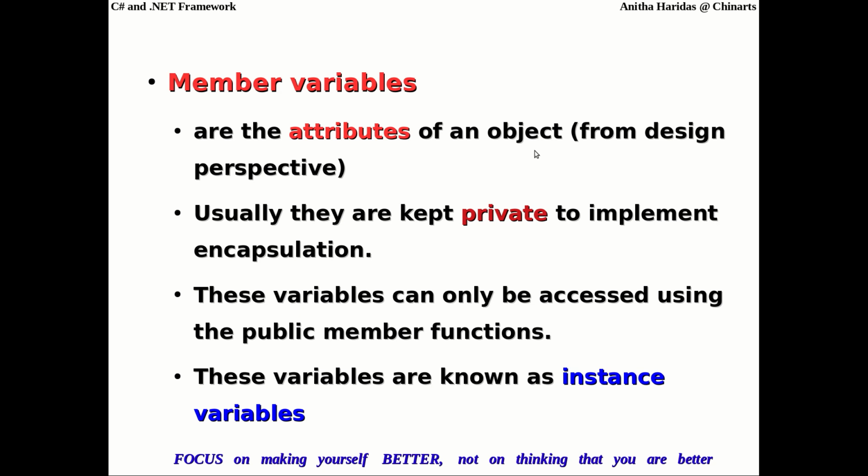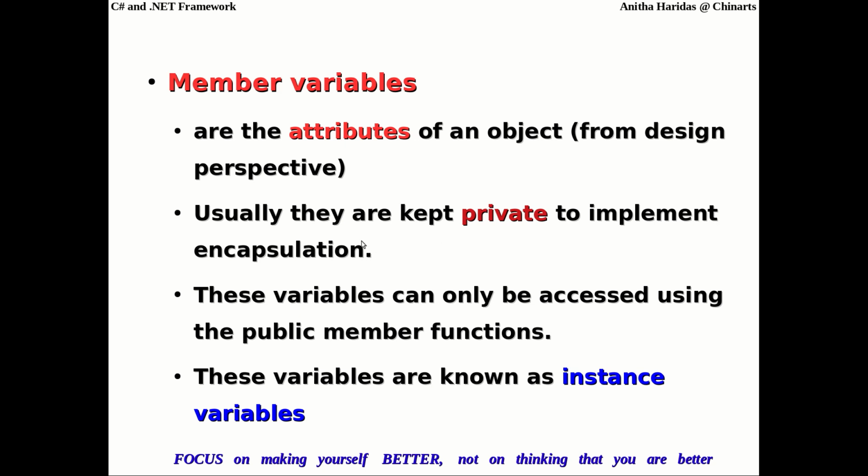Maybe name of the student will be one of the attributes. Roll number of the student may be another attribute. Rank or percentage of the student may be another attribute, etc. So all these member variables define the attributes of a particular object.